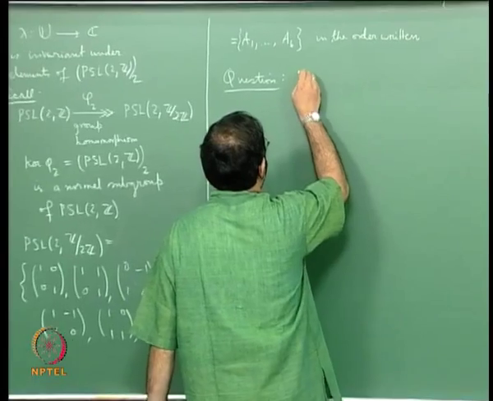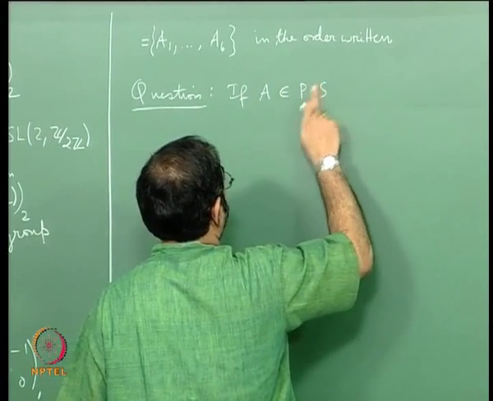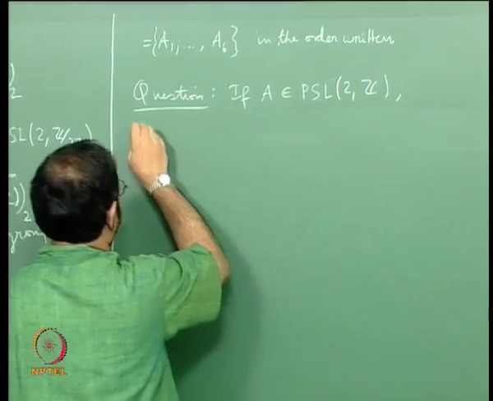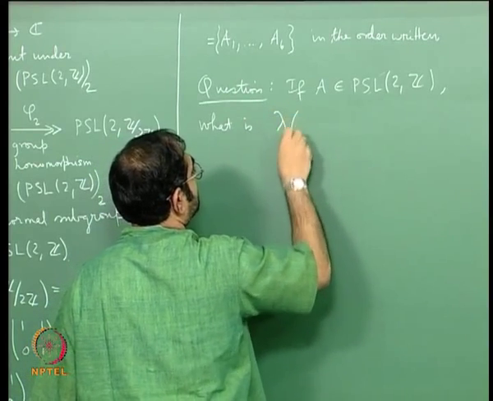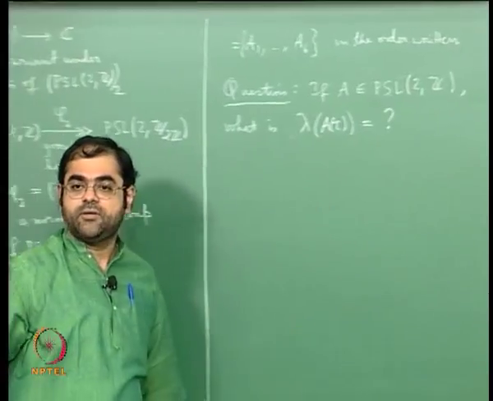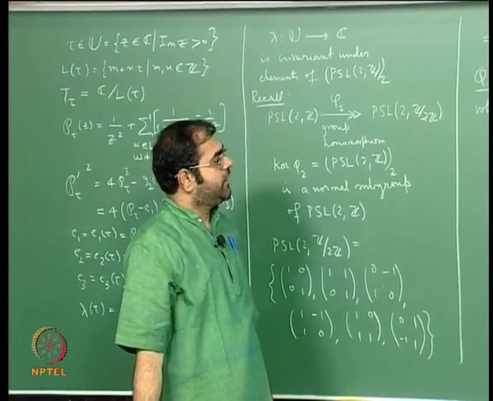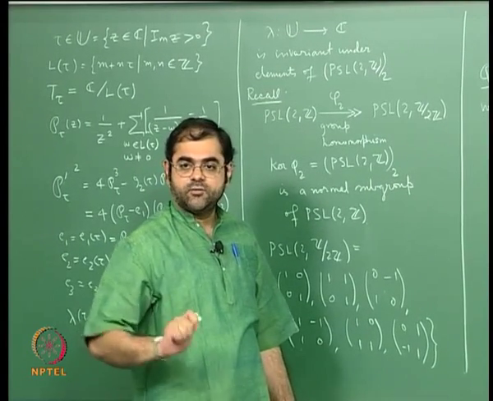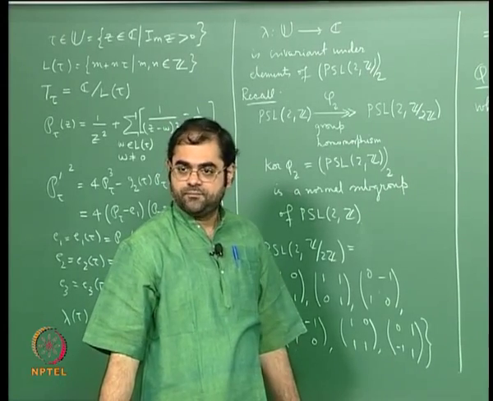So you see, if A is an element of the full unimodular group, what is lambda of A tau? Can you compute this in an easy way, okay. So I want to know how lambda is affected if I twist it by an element of the general unimodular group, okay.